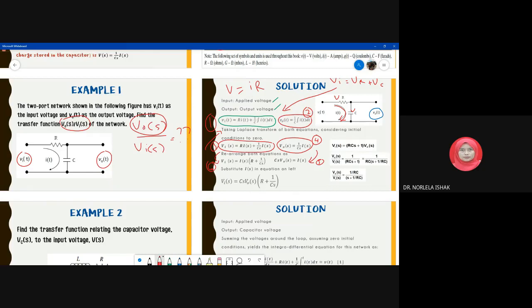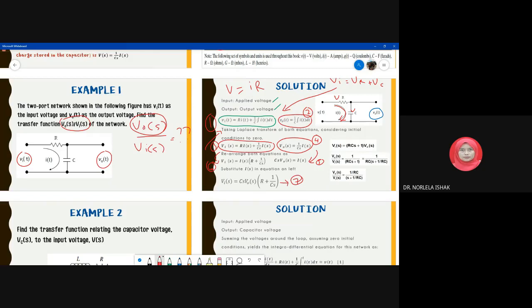The last step is to substitute the current from equation 5 into equation number 6. So we can get this one.